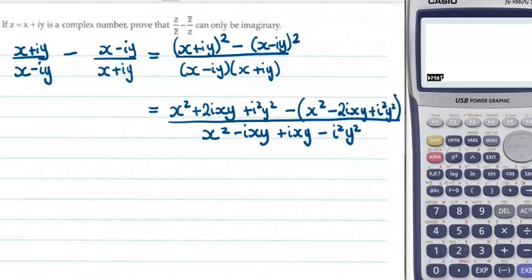Okay, now we go through and do some cancelling. So let's take a look at that top line. If I take out that bracket, it's going to make that negative x squared plus there, and a minus just there. Now you can see that the x squareds cancel off, like so. So does a plus 2ix. Oh, no, not that one. Whoops. The plus i squared y squared and the minus i squared y squared, plus these ixy terms on the bottom cancel each other out.